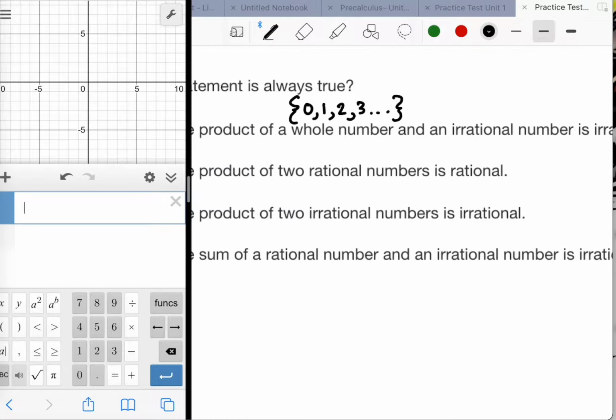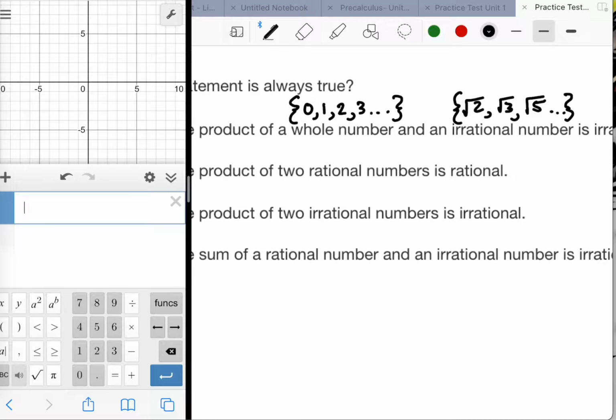Irrational numbers are, for example, radical 2, radical 3, radical 5, and so on. Just any radical that can't be simplified away. So you wouldn't include radical 4 in the set because radical 4 is equal to 2, and that's a rational number.